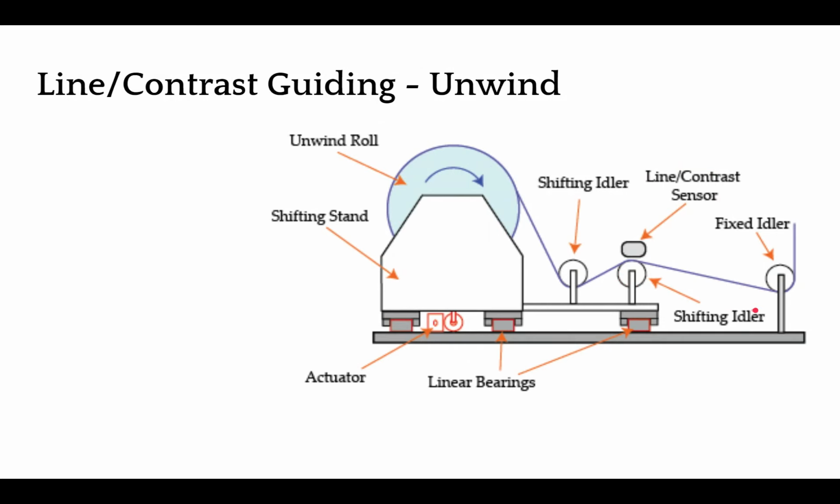There has to be a shifting idler that's installed at the exit of the unwind, and this idler or a dead bar has to move with the unwind, and then the sensor has to be installed so that it can look at the web on the roller, and then this sensor has to be fixed to the machine frame. It cannot move with the carriage.